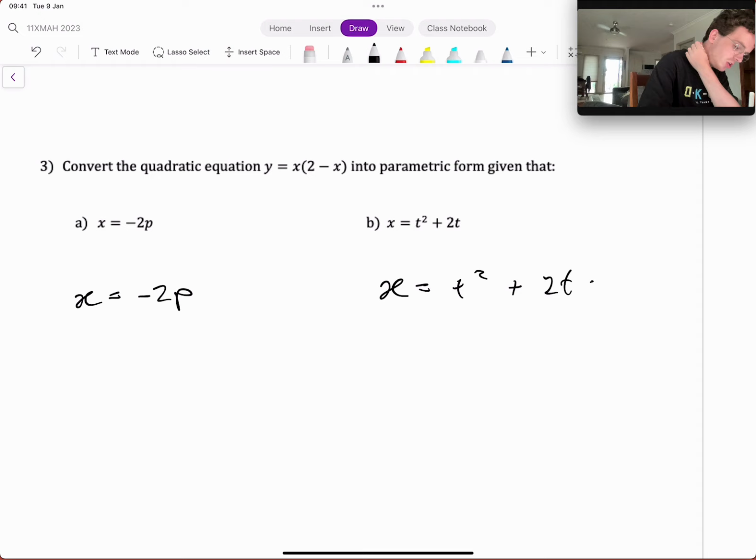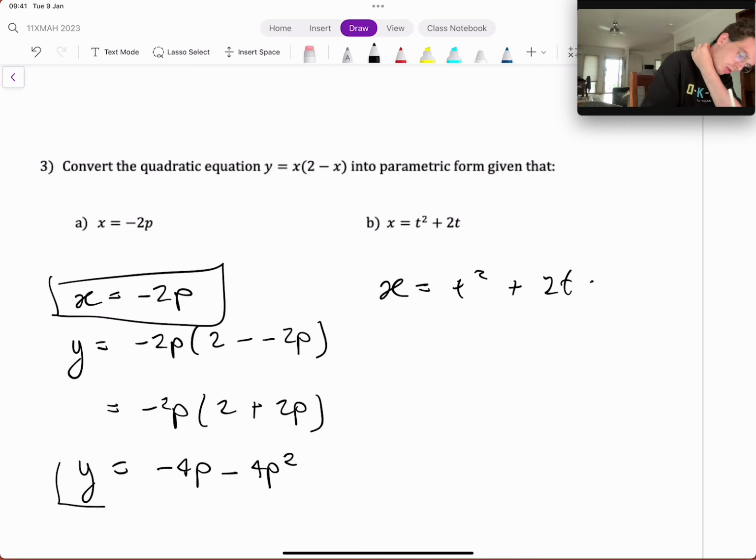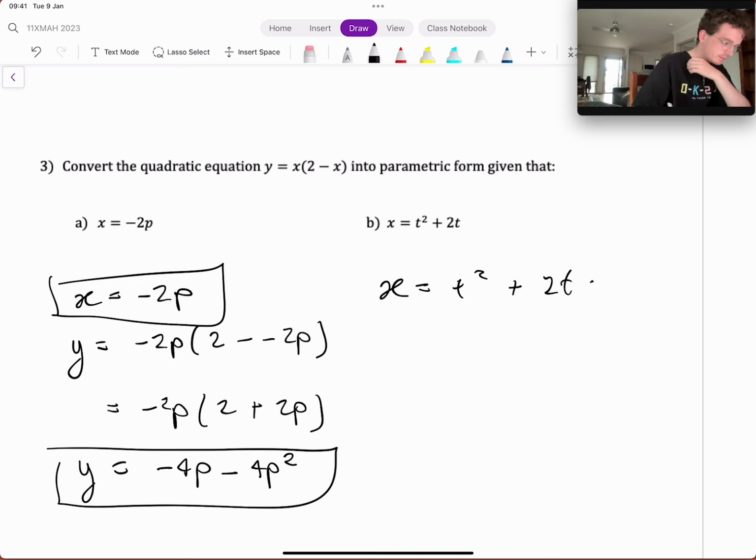Then we just need to substitute x into our equation, so minus 2p times 2 minus minus 2p, which is minus 2p times 2 plus 2p, which is minus 4p minus 4p squared equals y. And those are my two parametric equations.